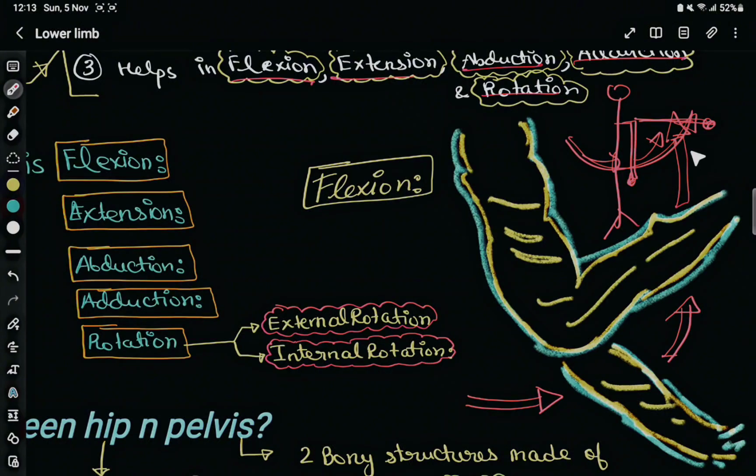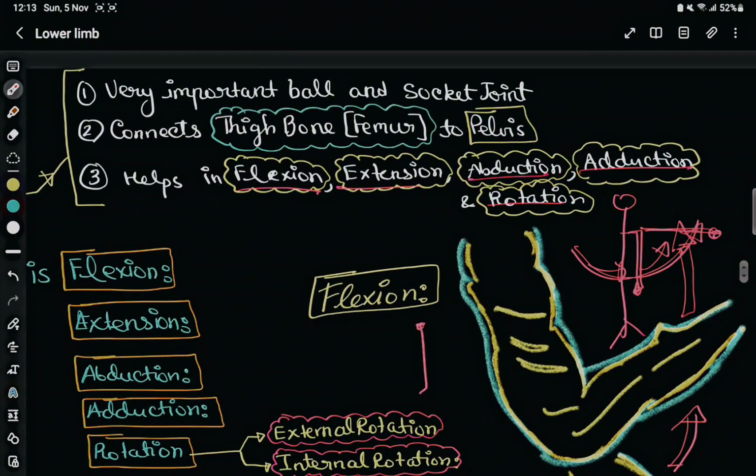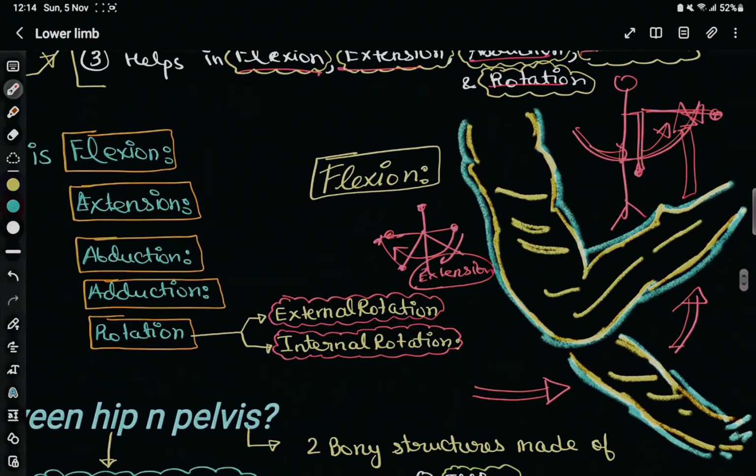And if you do the reverse, the man's hand is in this position, it goes back to this position, comes here, comes here. So the reverse process is called extension. I'm talking about the upper limb here, not the lower limb.